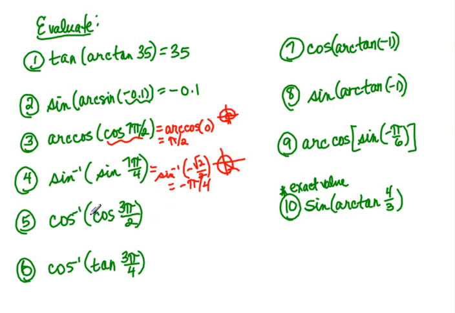What about cosine inverse of cosine of 3 pi over 2? Well, this is kind of similar to number 3 there, because notice that 3 pi over 2 is not in the range of the inverse cosine, but we do know what the cosine of 3 pi over 2 is.